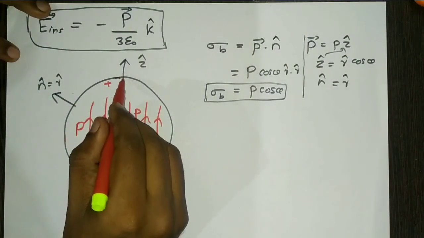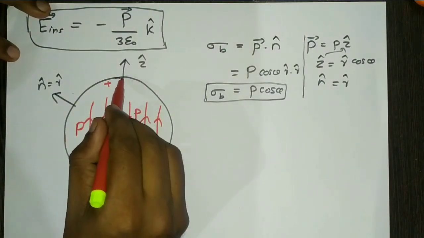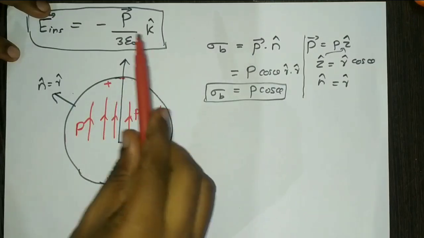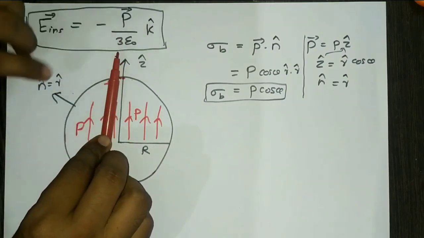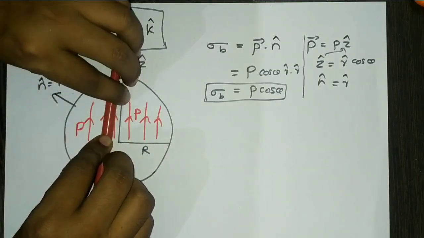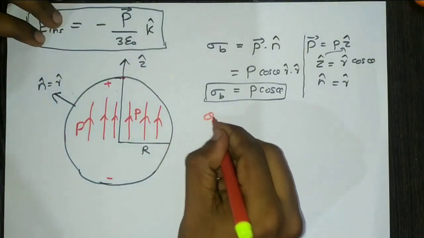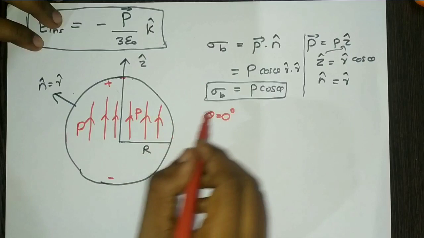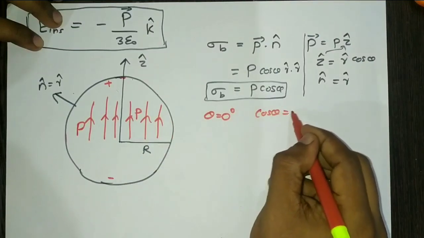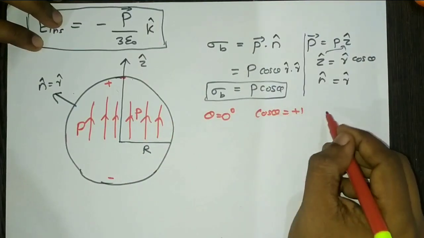To find out the bound charge density at this point, both the r vector and the polarization vector are along the same direction, that is theta is equal to 0 at this point. Since theta is equal to 0, cos theta will be plus 1, it is positive.